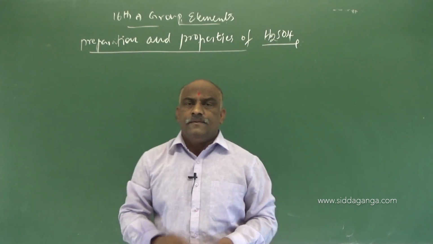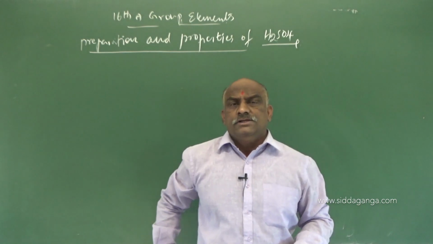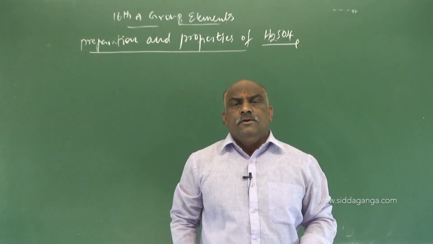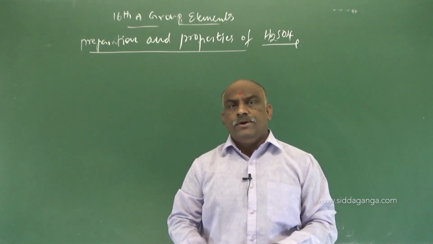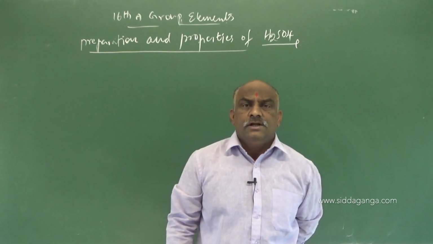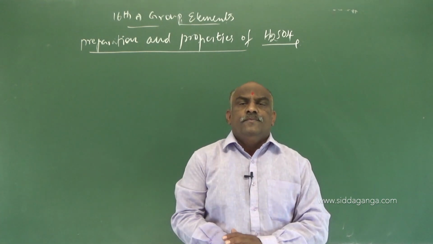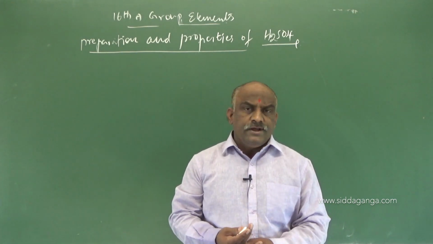Very important long answer question for board examination point of view, and 1-2 points are important for competitive point of view. So, you have to concentrate on this. Preparation and properties of sulfuric acid.